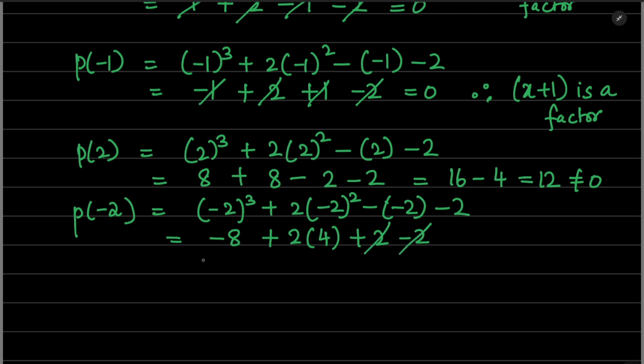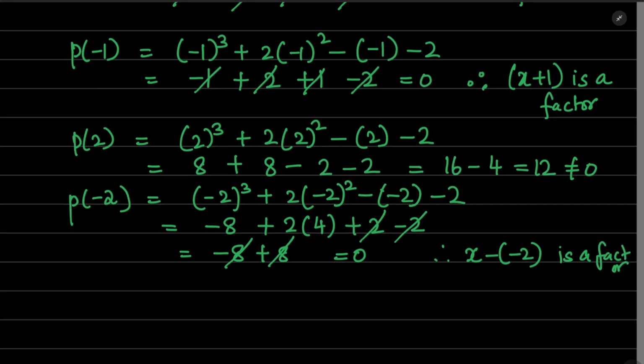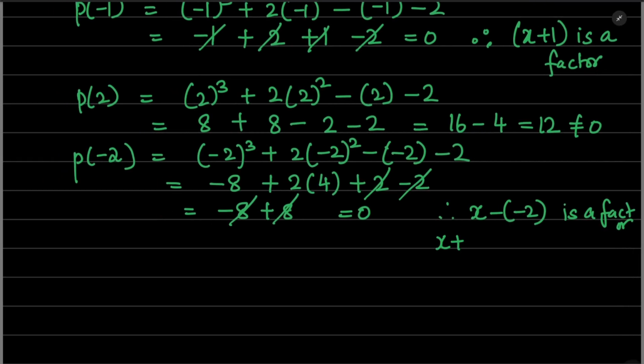So this will get cancelled, this will be minus 8 plus 8, so this will also be 0. Therefore x minus of minus 2 is a factor, which is nothing but x plus 2 is a factor.